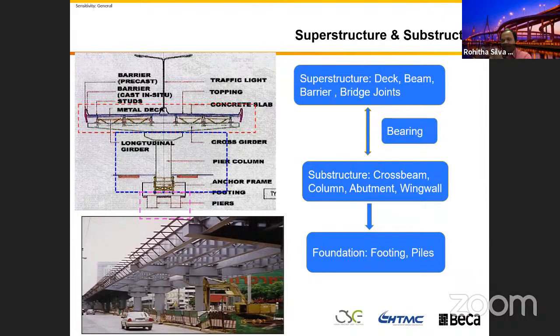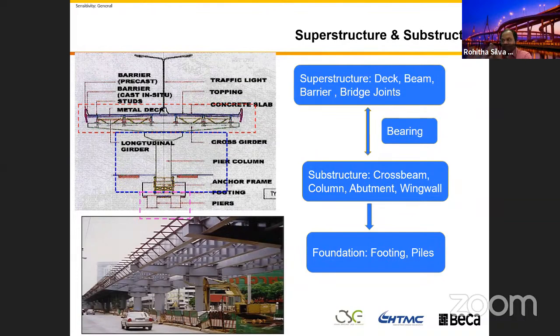The substructure and superstructure are linked together by this bearing. If your bearing fails on a bridge, it is exactly like your hand. You can move around a joint because of the ligament; if it is damaged, your hand or leg can't function. Sometimes if a spinal cord breaks, you will be paralyzed. The bridge bearing does exactly the same job in a bridge.